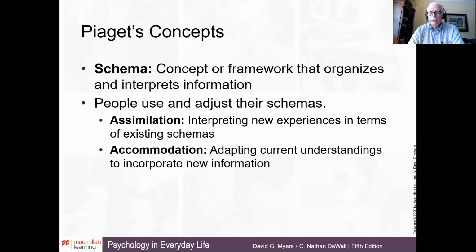When a child has a new experience, the first thing they do is try to incorporate it into an already existing schema. And if that works, fine. But if it doesn't, if the new experience is different enough, then they may have to alter their schema or create an entirely new one to incorporate this new experience. And when that happens, they do so through the process of accommodation.